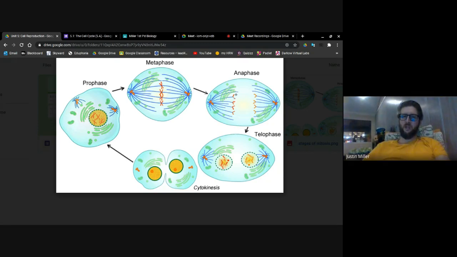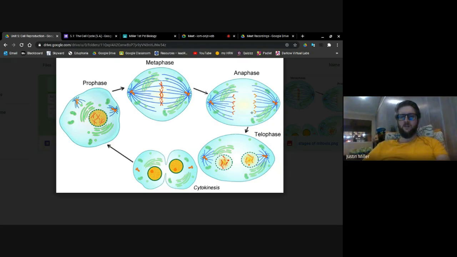They're going to pull half the chromosomes to one side and the other half to the other. So now we have half the DNA on one half of the cell and the other half of the DNA on the other half of the cell. So in anaphase, the chromosomes, or the DNA, it's the same thing, are being pulled apart to opposite ends of the cell.